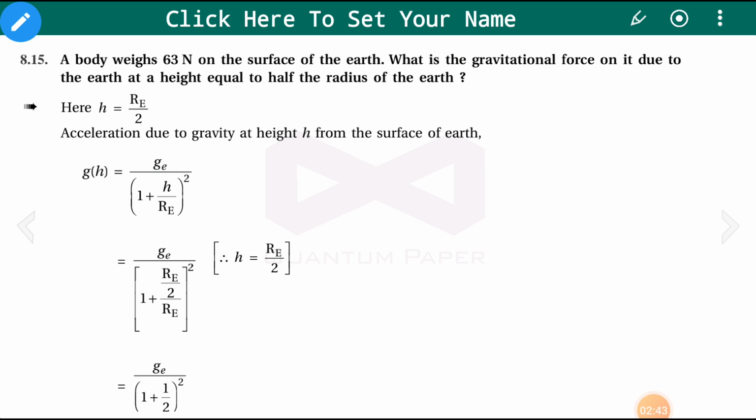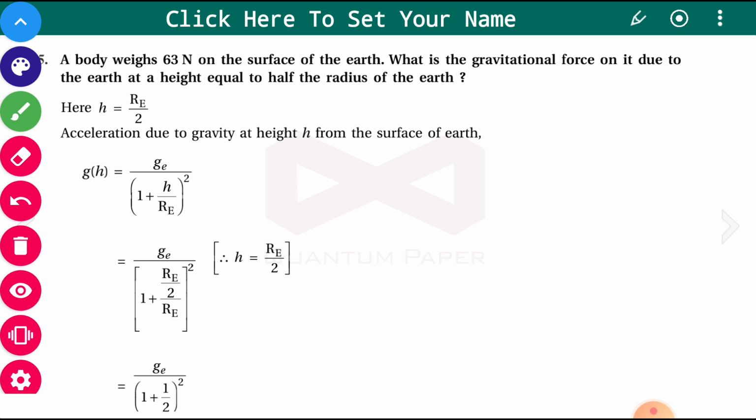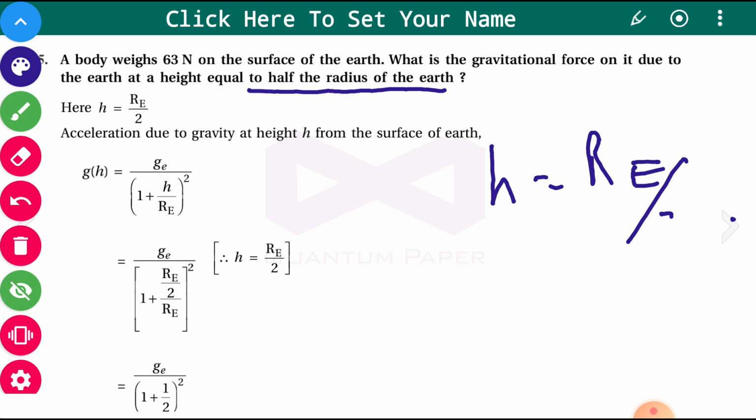Now example number 8.15. A body weighs 63 Newton on the surface of the earth. What is the gravitational force on it due to the earth at a height equal to half the radius of the earth? So we are considering the body at a height which is half of the radius of the earth.